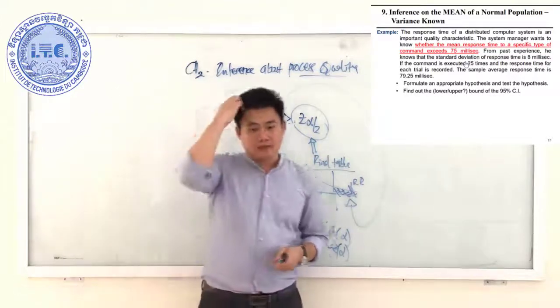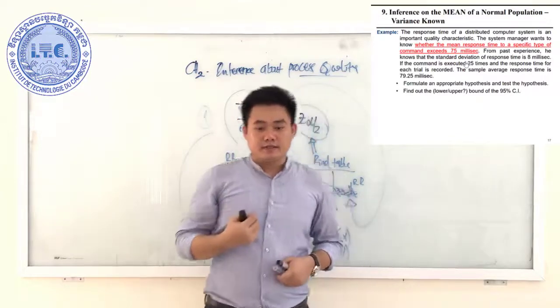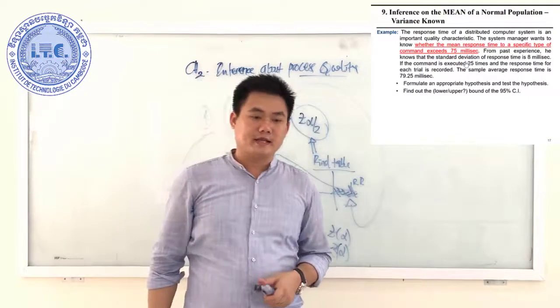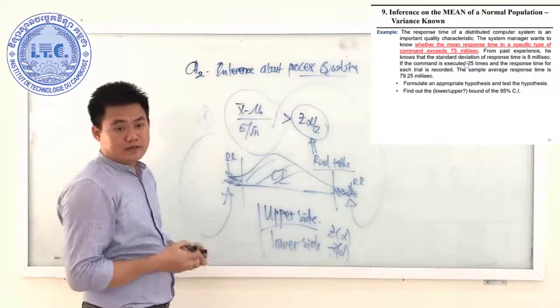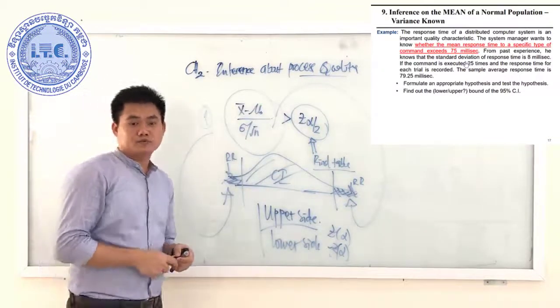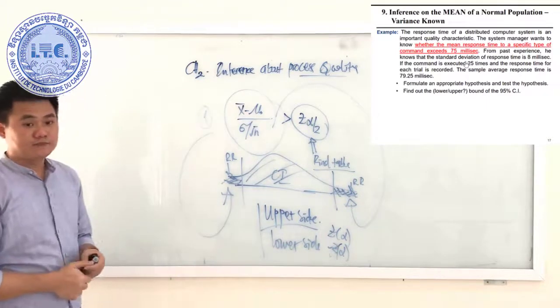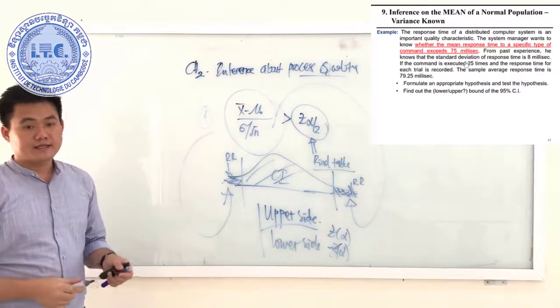Okay, here we have one example for you. This example is talking about the response time distribution of a computer system. It's an important quality characteristic.